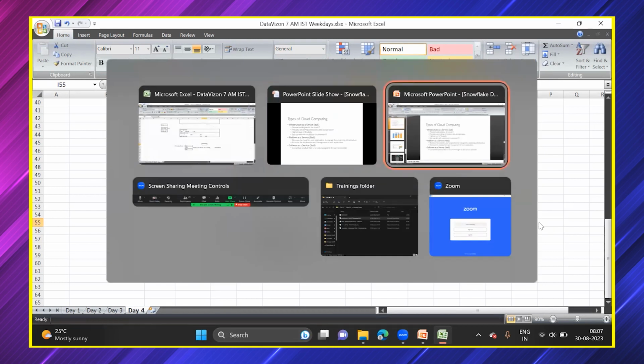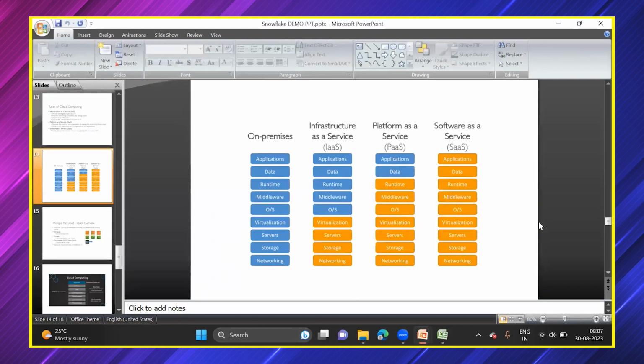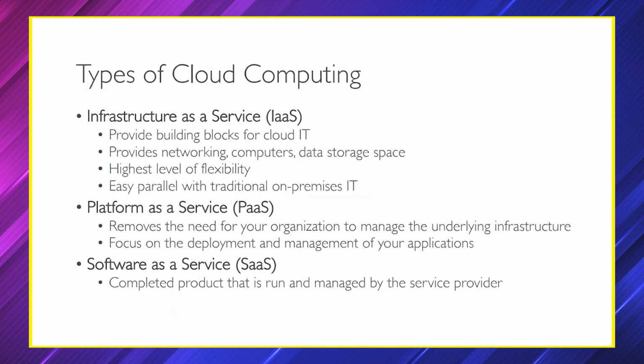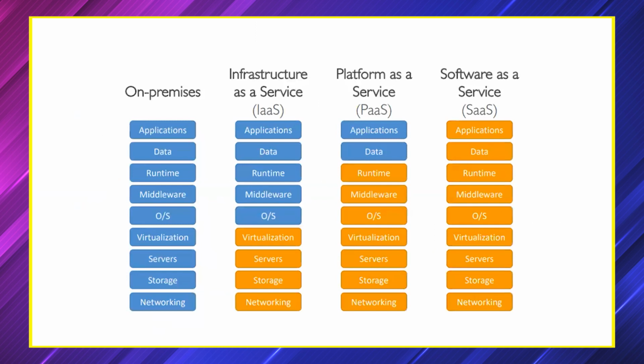Okay. So now if you look at one more scenario, here you can see one very important aspect. If I go full screen, here you can see that we have different services. On-premise, the blue boxes are managed by us, whereas the orange boxes are being managed by someone else.